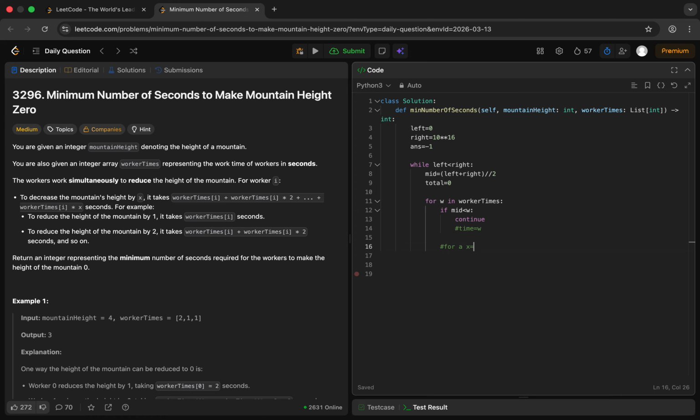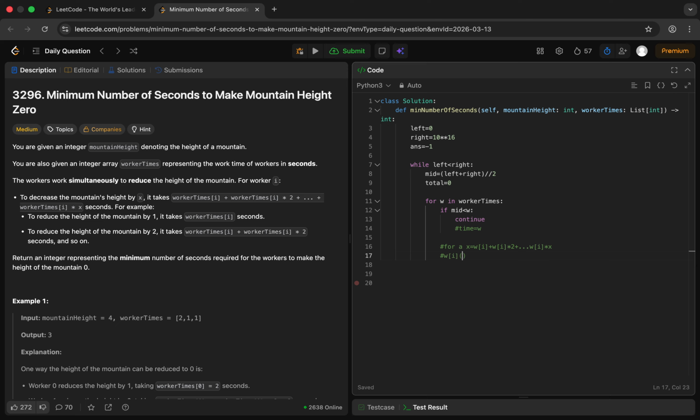That is workerTimes[i] plus workerTimes[i] times 2 and so on till workerTimes[i] times x.